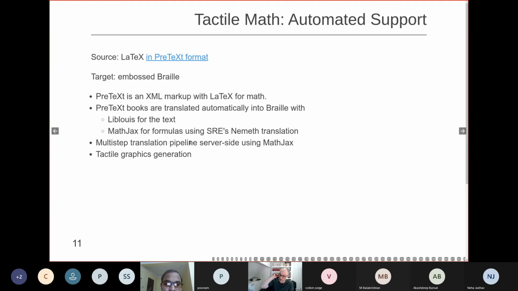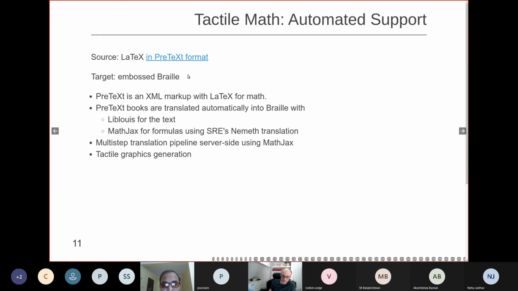We're working on automated support in order to get that going. There's particularly the PreTeXt format, which I've showed you before, from which embossable Braille is being derived. The idea there is that the PreTeXt format is effectively an XML markup that has LaTeX formulas in it. And then Rob Beezer is the guy who does most of the translation.